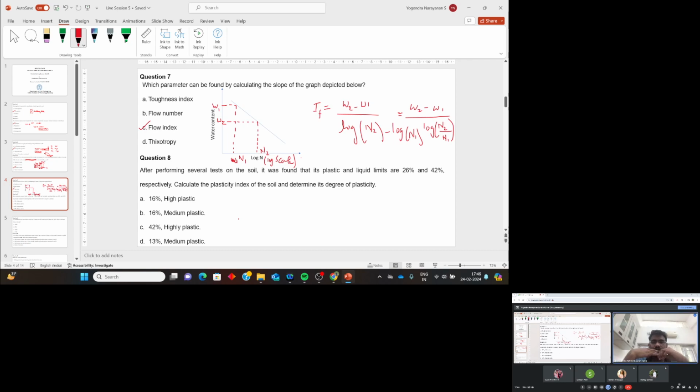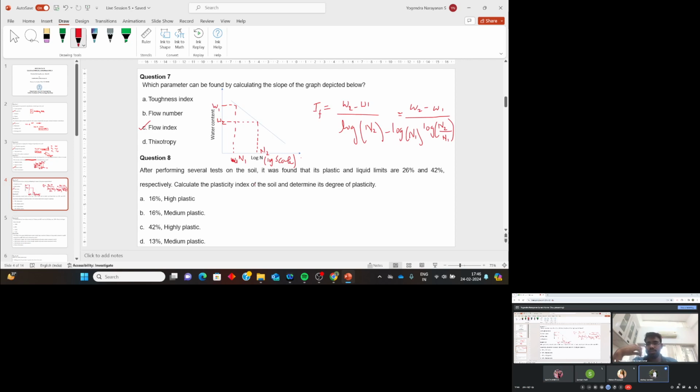So can you say the answer for this? Yeah, 16%, high plastic. Medium plastic. Okay. Which is the right option? Yeah, medium plastic. Yes, option B.